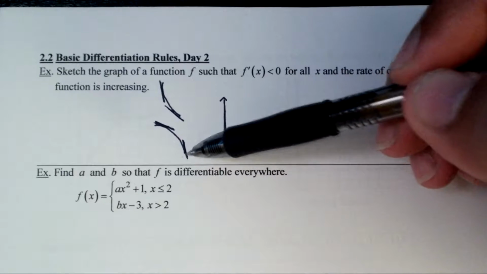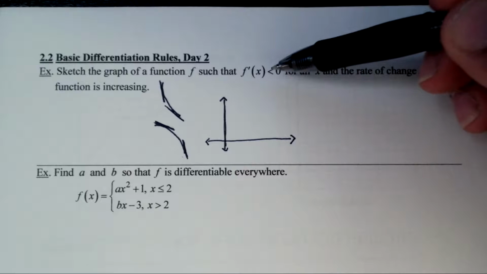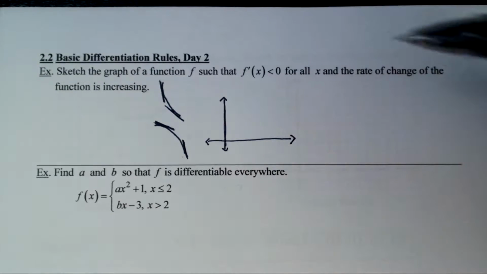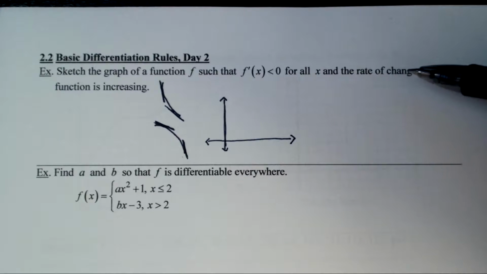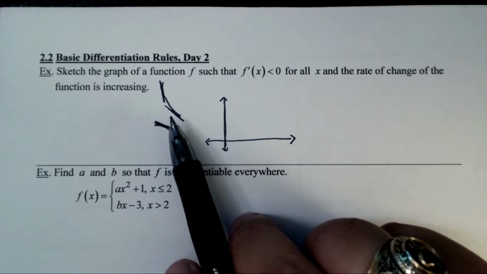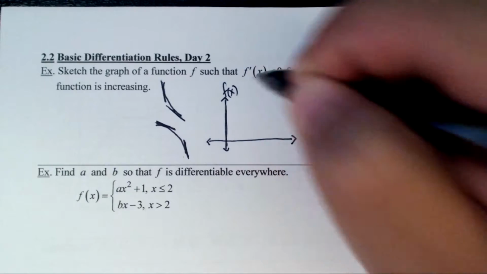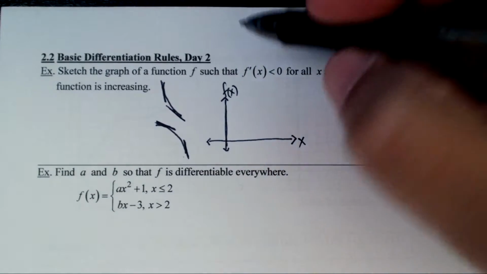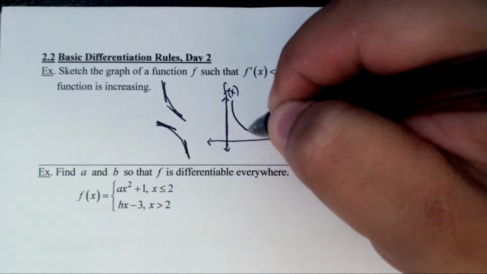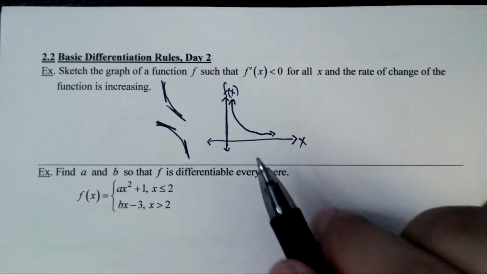So if we have a slope less than 0, in other words a negative slope, however the rate of change is increasing, in other words the slope is getting more positive, we definitely want to graph something like this. So our f of x function is actually going to look something like that. And it could go on and do something different.